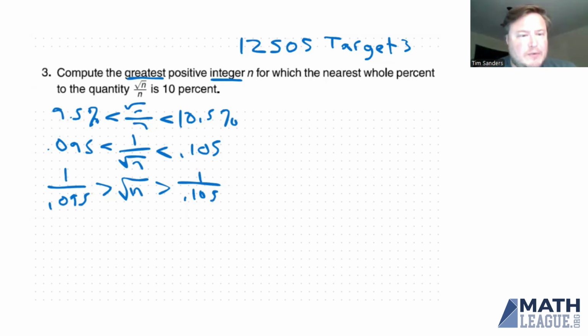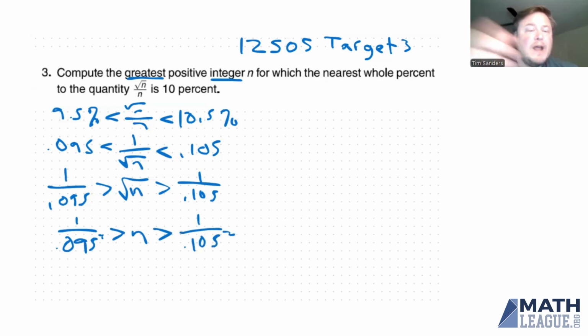Okay, so let's square all three sides of this inequality, and we see that 1 over 0.095 squared is greater than n, which is greater than 1 over 0.105 squared. Now, 0.095 squared, 0.105 squared, those are both approximately 0.01. And when we take the reciprocal of each of those, we're going to end up with something around 100, right?